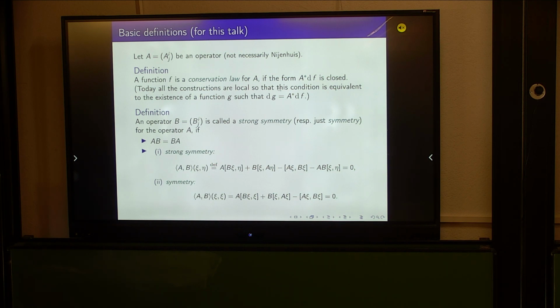Everything is local, so the closedness of this form means the existence of a function g such that dg equals A star df.